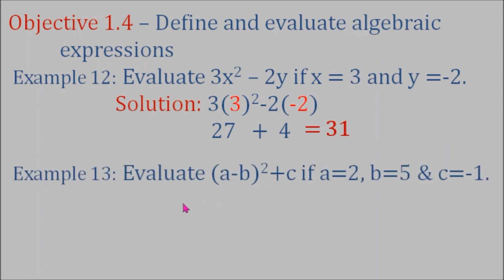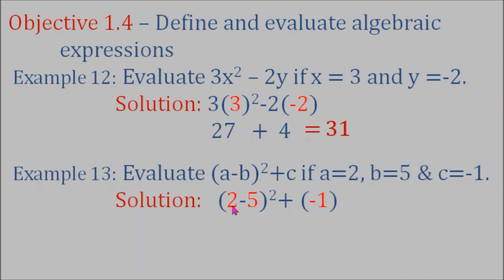Example number 13. Evaluate the quantity a minus b squared plus c if a equals 2, b equals 5, and c equals negative 1. So this is our algebraic expression, the quantity a minus b squared plus c. Now we are going to substitute a with 2, b with 5, and c with negative 1.